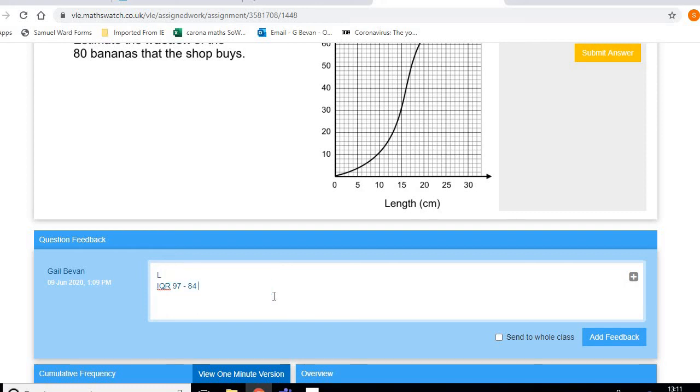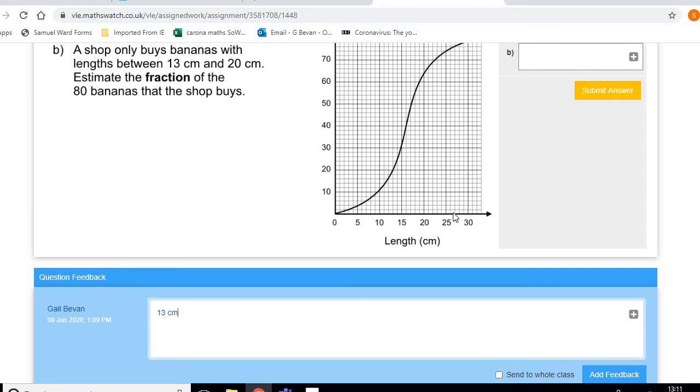So at 13 centimetres, we went up from 13 and across, it looks like 19 to me, 19 bananas. And then at 20 centimetres, we go up from 20 and across. Every little square is 2, so that's going to be 64 bananas.